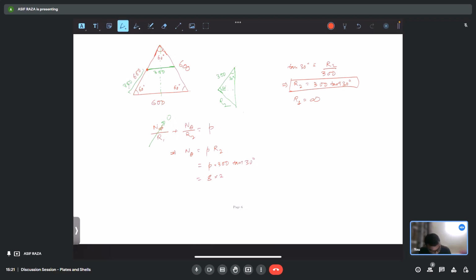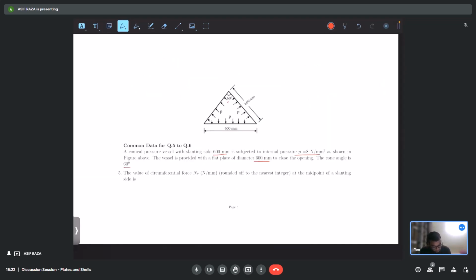So 8 into 300 into tan 30, this would be equal to 1385.64 Newton per mm.